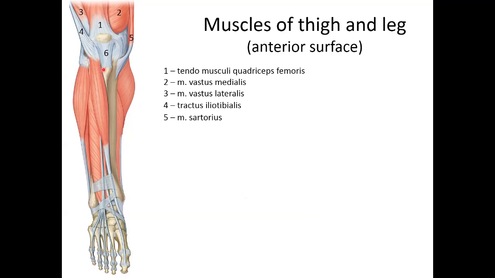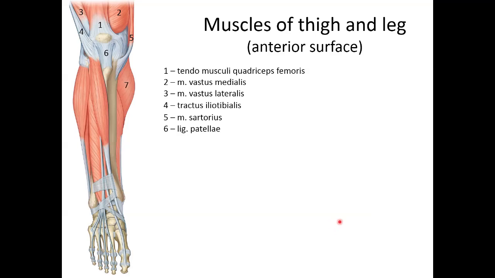We know this ligament from September, from the beginning of our education, because when we studied the knee joint, we already learned this ligament, ligamentum patellae, which is attached to the tuberositas tibiae here.